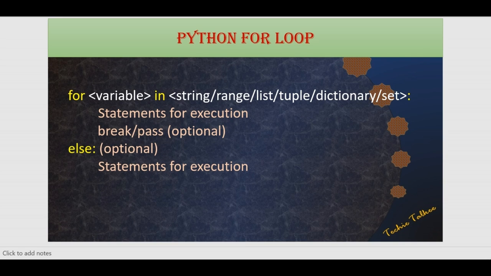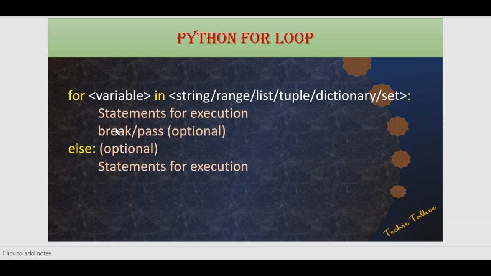The other looping statement that we have is the for loop. And this is the syntax of the for loop. For, and then I'll give a variable which will store the value in string, range, list, tuple, dictionary, or set. This for loop can loop through the values in these sequence types.